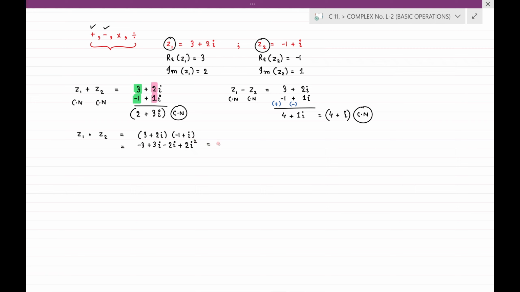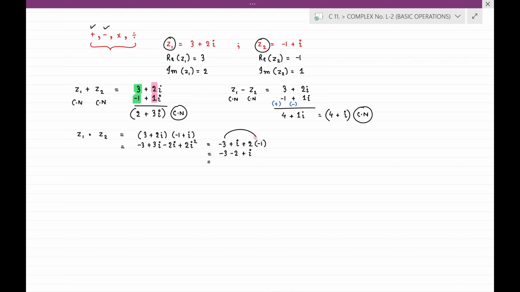Now minus 3 plus 3 iota minus 2 iota. Plus 3 iota minus 2 iota becomes 1 iota, that is iota. Now plus 2 iota square means minus 2, since iota square is minus 1, already discussed in the previous lecture. So now minus 3 minus 2 plus iota.